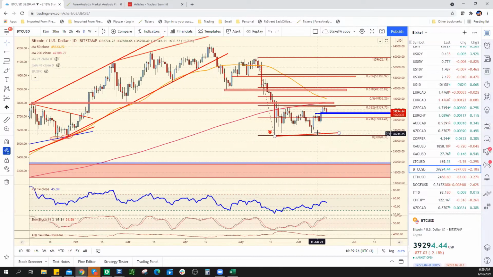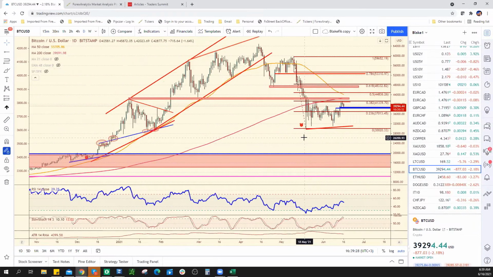So, I don't think Bitcoin looks bullish at all. I think it's bearish while we're below this 200-day moving average and all this previous support, current resistance, it's trading heavy. Okay. So, there is your bias chart.